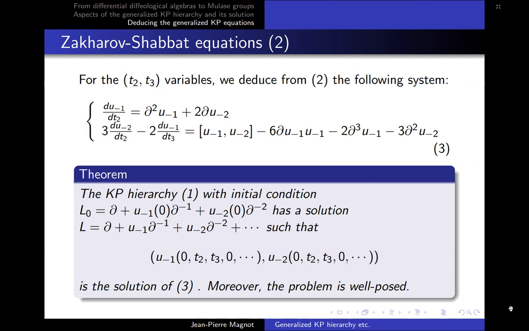I say the solution because of what I said before. This is exactly the Zakharov-Shabat condition, and of course we can state well-posedness, that is smooth dependence on the initial conditions u minus 1 of 0 and u minus 2 of 0.